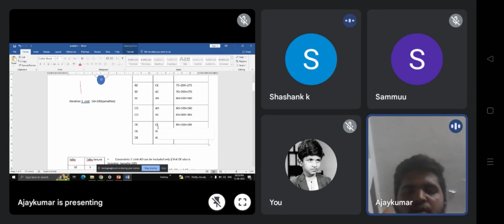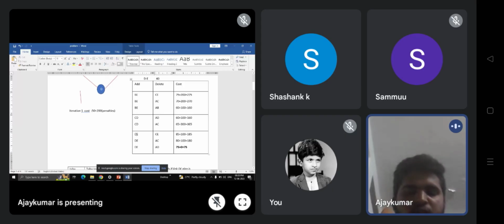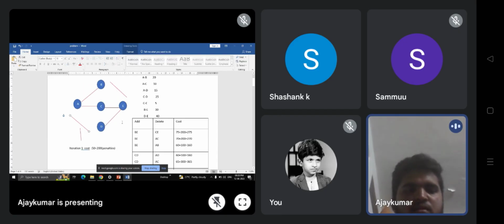Adding DE and deleting CE gives the edge cost of 85 and penalty of 100, so that's 185. Adding DE and deleting AC gives the edge cost of 80 and penalty of 100, so 180. Adding DE and deleting AD gives the edge cost of 75 with no penalty, because when we add DE and remove AD, there is no constraint violated.